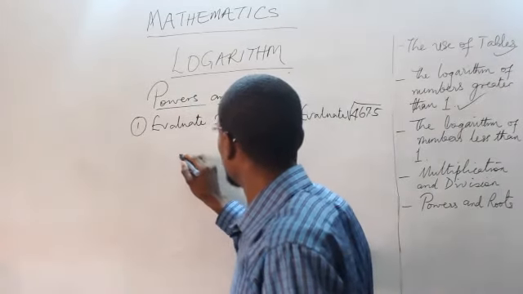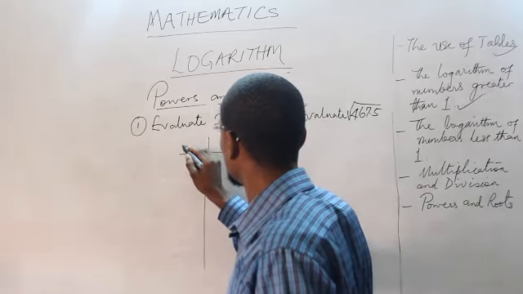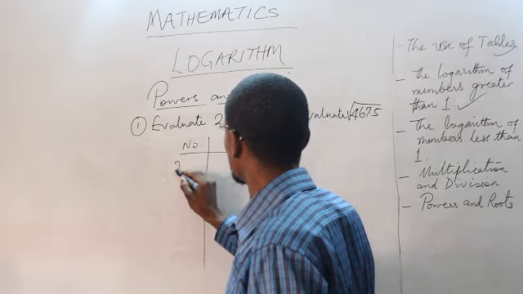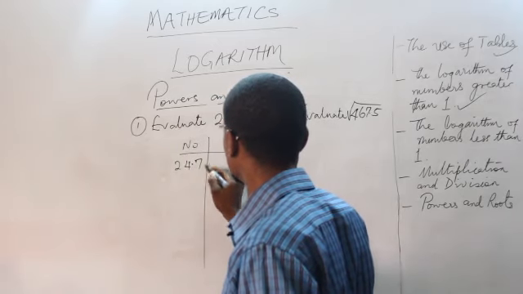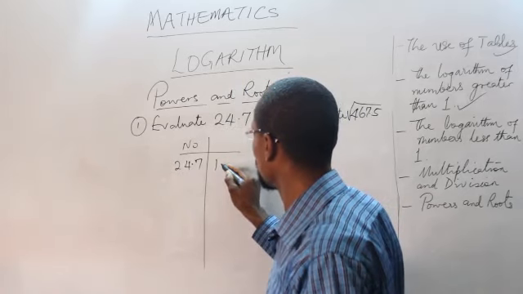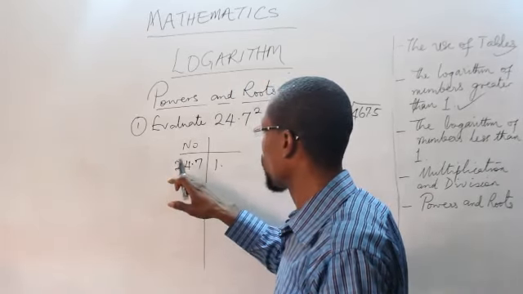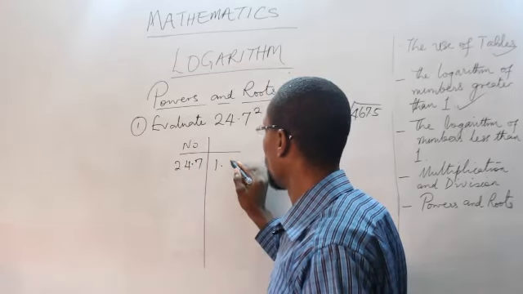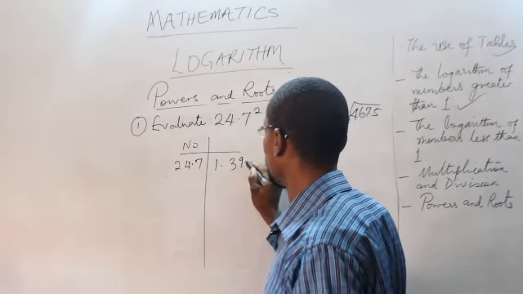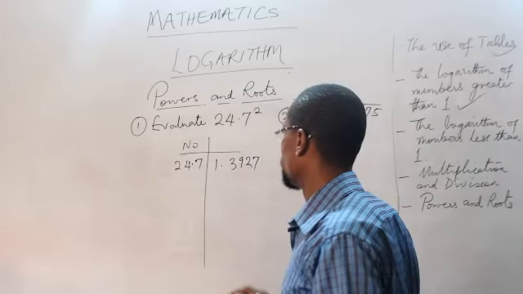Okay, the number, once again, is 24.7. Now, what is our characteristic? Our characteristic is 1. And what is the logarithm of 24 under 7? If you check it, you get 39.27.